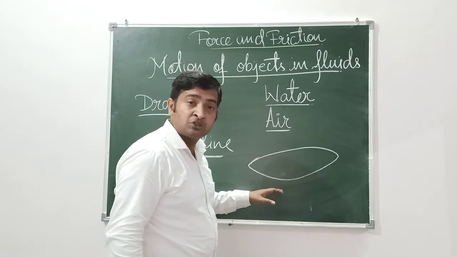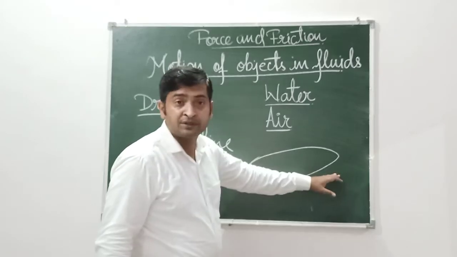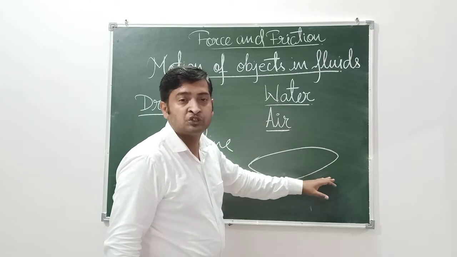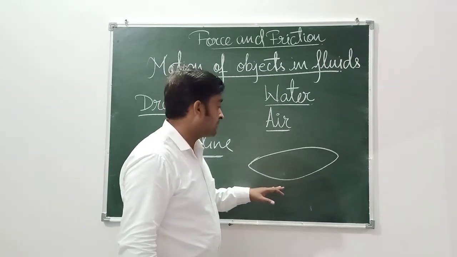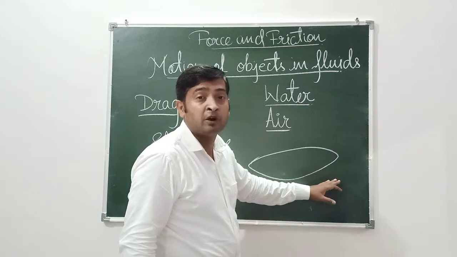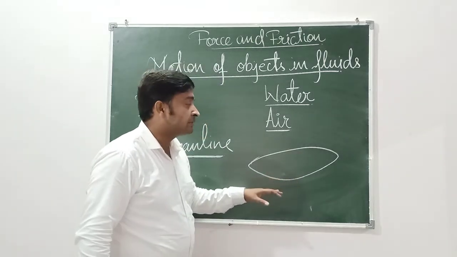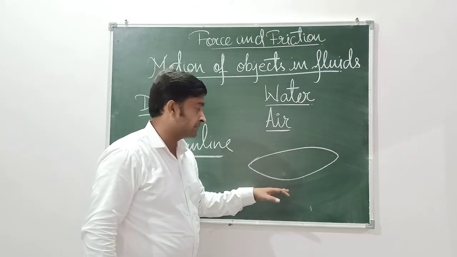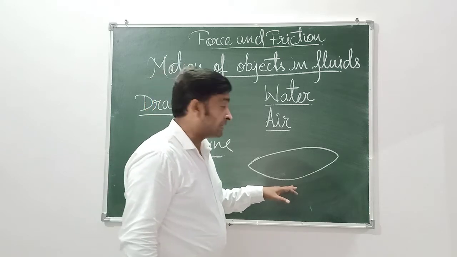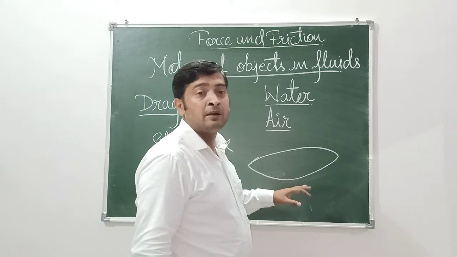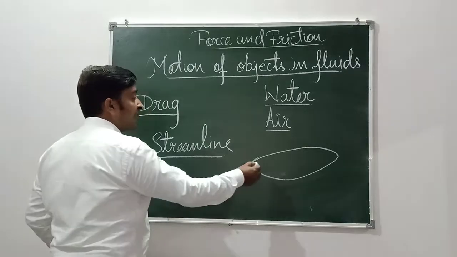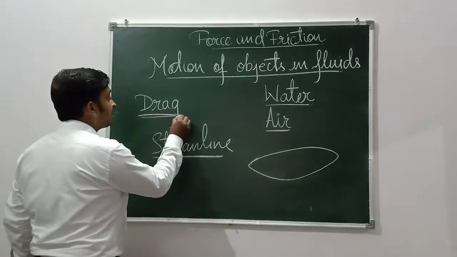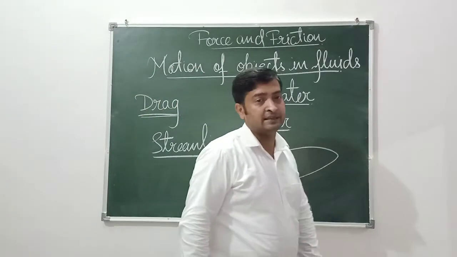You can compare this shape with the shape of birds, of a ship, of an aeroplane. Yes, we design machines like aeroplanes and ships in this shape because with the help of this shape, the drag will be comparatively very less.